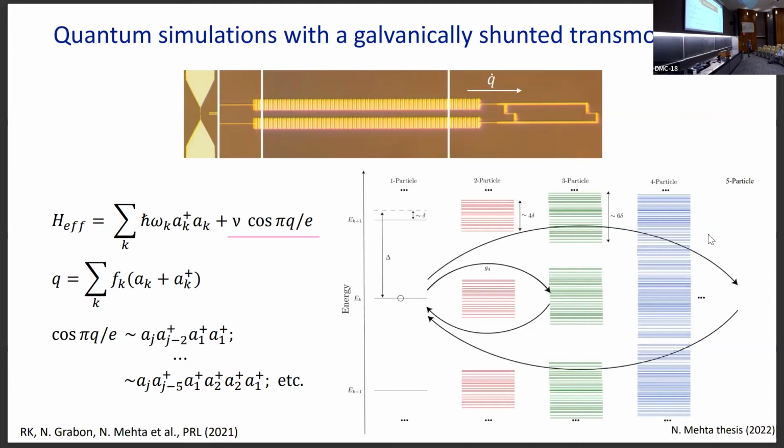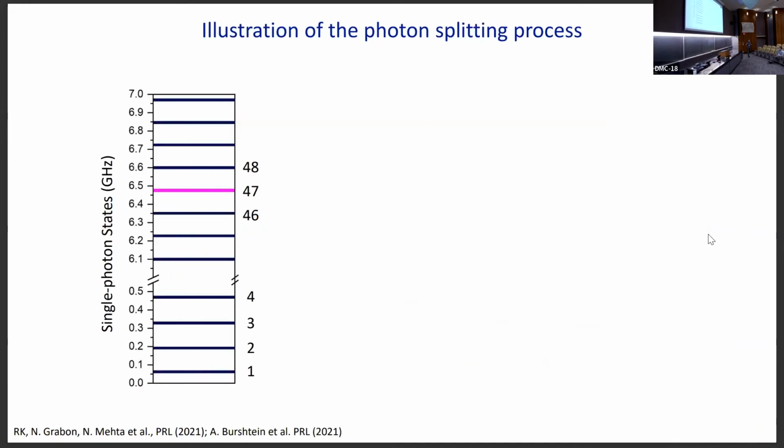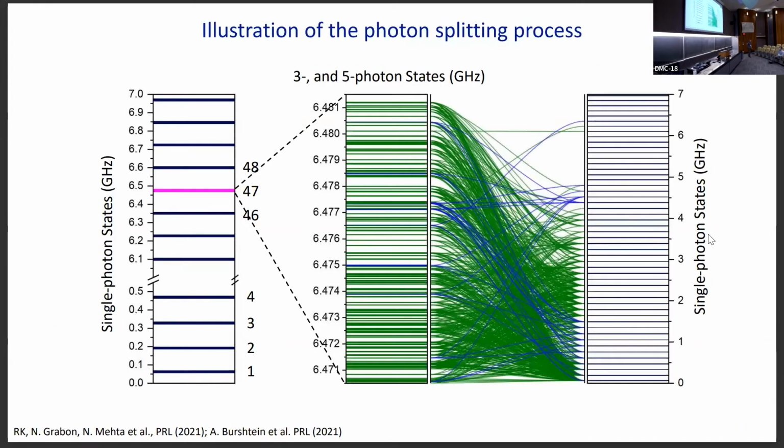So what it does, it connects your single photon states straight away to 3 particle states and 5 particle states and so on. And because it has this kind of stronger connectivity, and also because there are many more states in 3 and 5, the dynamics is actually different. So here on the left, I show you spectroscopy data where I show you positions of the modes in a measured device.